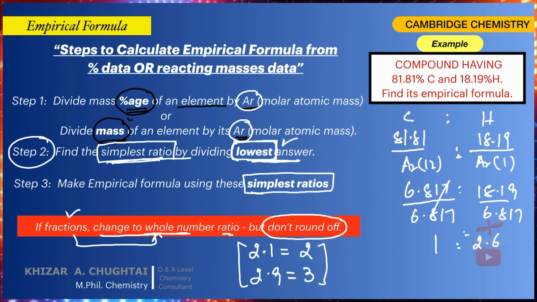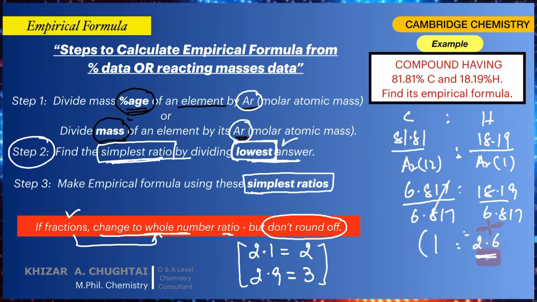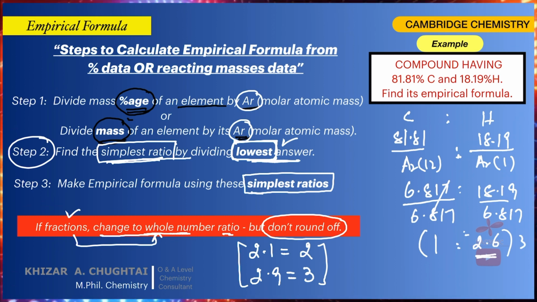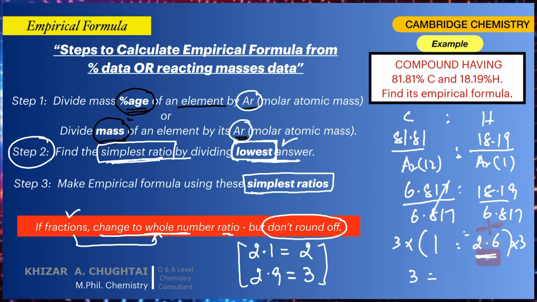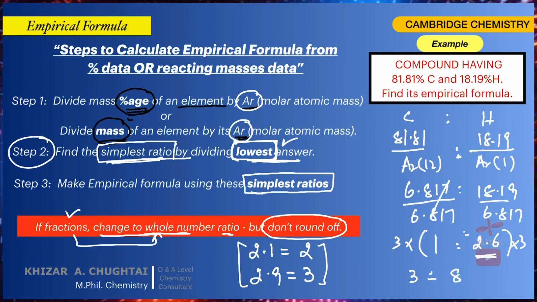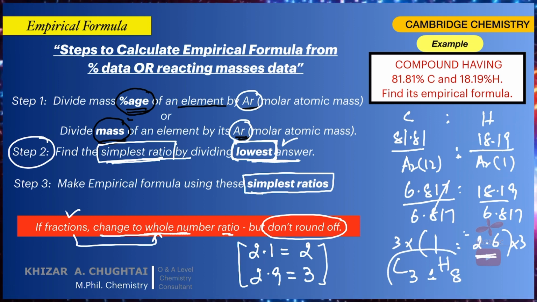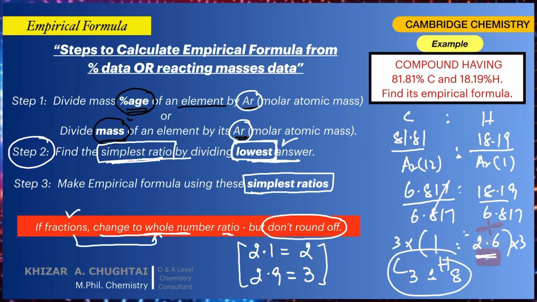You can see this 2.6 cannot be rounded off, so I'm going to change it into a whole number by multiplying by 3. Multiplying by 3 on both sides, the ratio will be 3:8. So the answer is C3H8, the empirical formula of this compound.